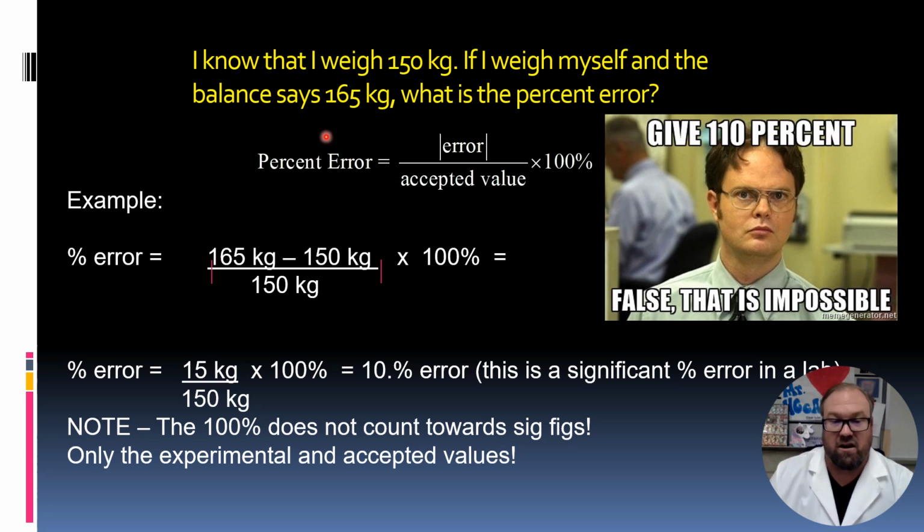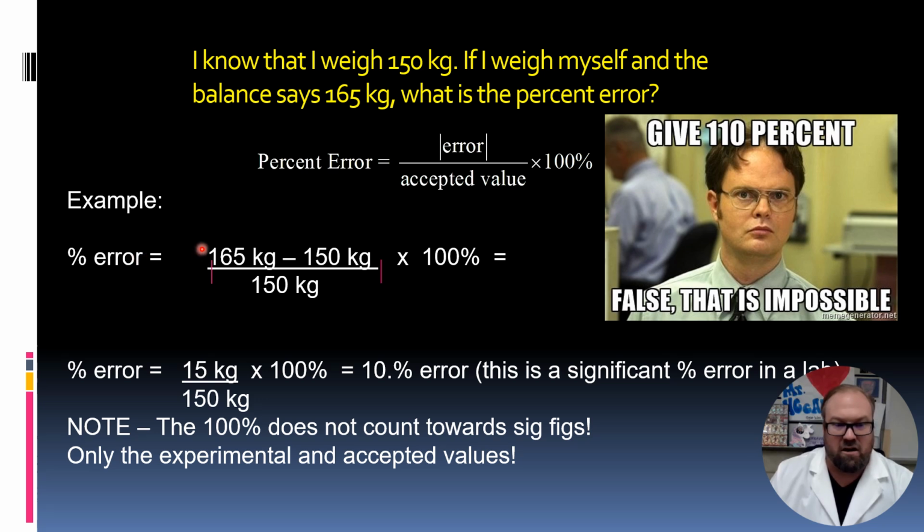So percent error equals the absolute value of the experimental value minus the accepted value, which we call the error, divided by the accepted value times 100. If we want to show the math to plug this in, here's how it would look. My absolute value bars are a little bit off, so I apologize for that. They should be up a little bit higher.